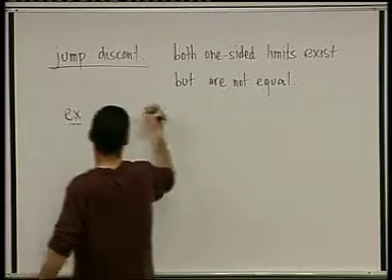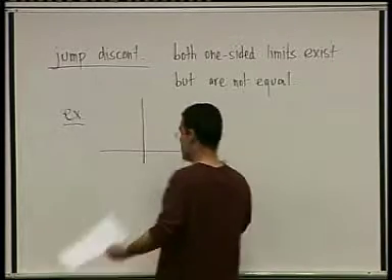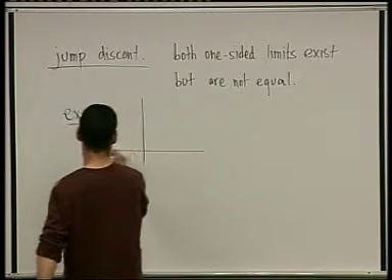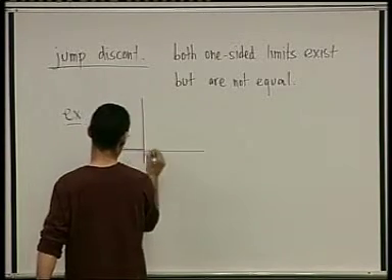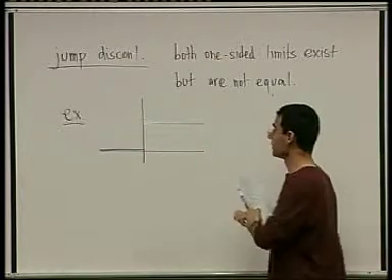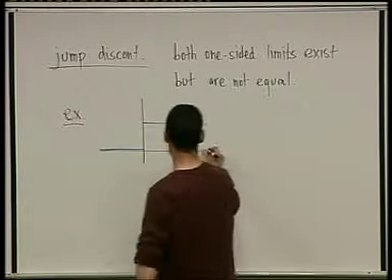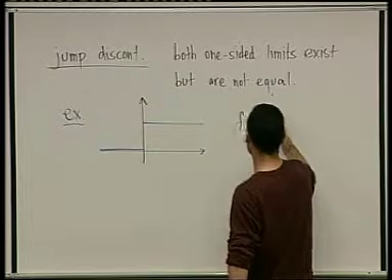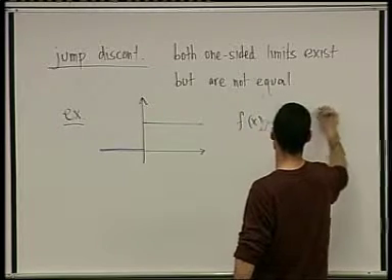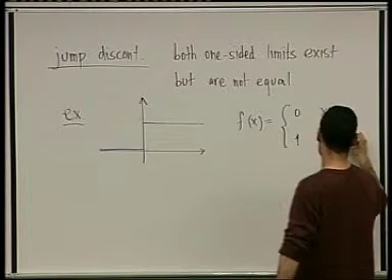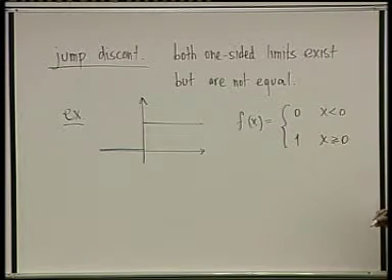Example, take any form of step function. For example, suppose it's 0 on the negative numbers and 1 on the positive numbers. So this one has a jump discontinuity at 0. f of x equals 0 when x is negative and 1 when x is, let's say, greater than or equal to 0.